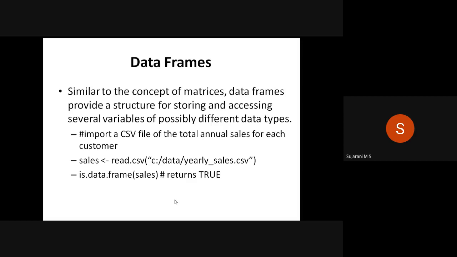Suppose you want to check whether that sales object is a data frame or not, we can use the function is.data.frame. Then we can pass that object sales and it returns TRUE. That means this sales object is a data frame, and this data frame contains all types of data.